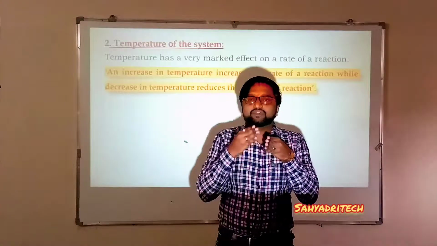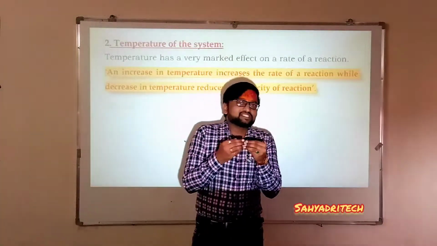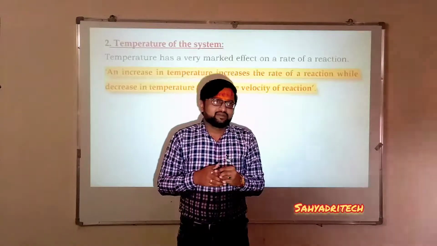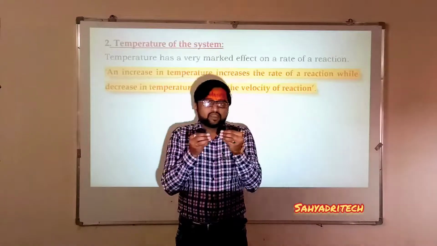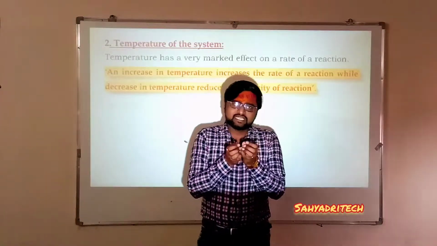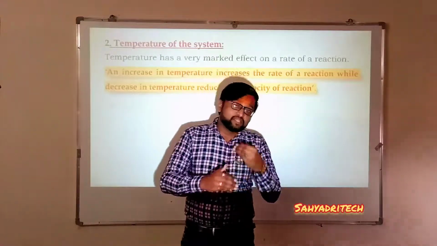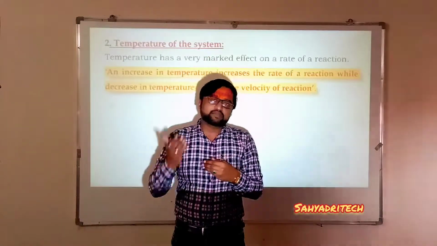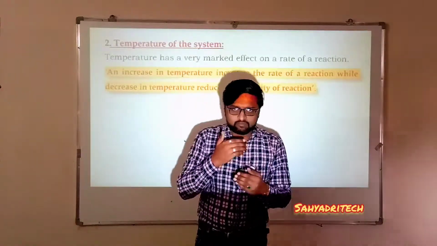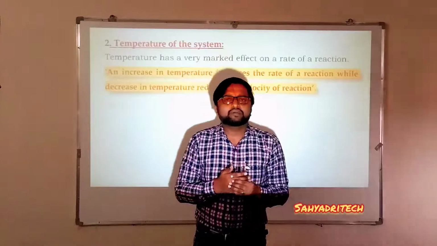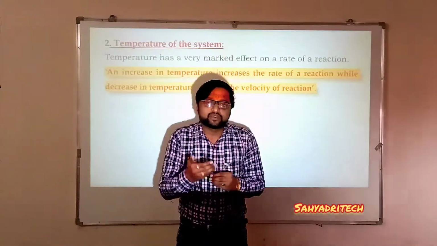When they start moving with high speed, we can say the collisions will be more. Okay, when they move very slowly, they collide with less energy, so the collision is not very effective. But when they move rapidly, as temperature increases, reactant molecules start moving rapidly. When they move rapidly, what happens? Whatever collisions take place, more and more collisions become effective.